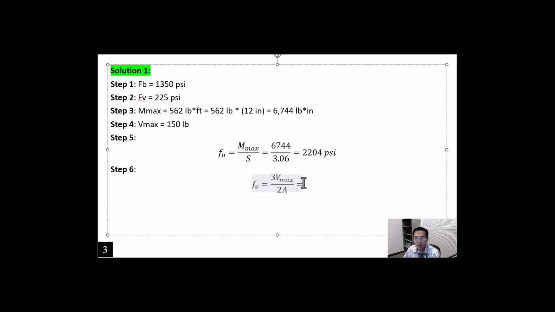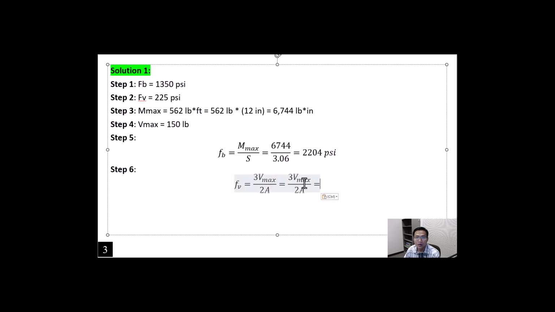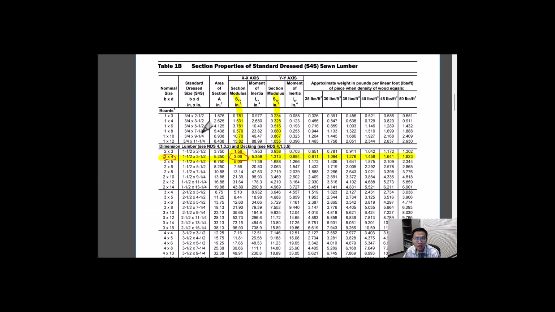So you're gonna have here V max will equal to 150, and for A we need to go back to the reference here, and if you check the reference of 2 by 4, you can see that A of that will equal to 5.25.